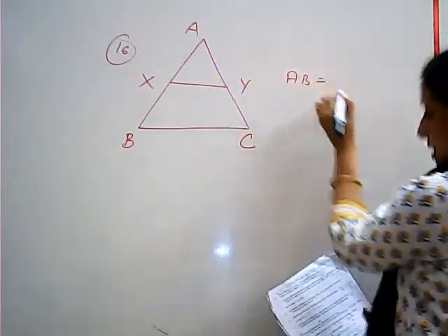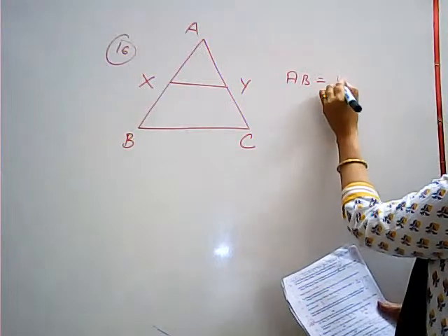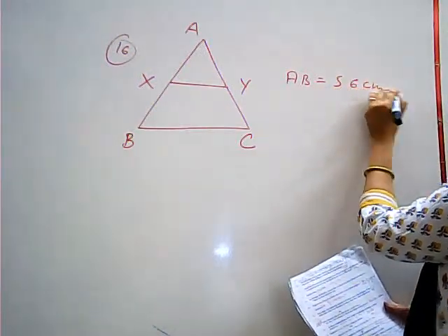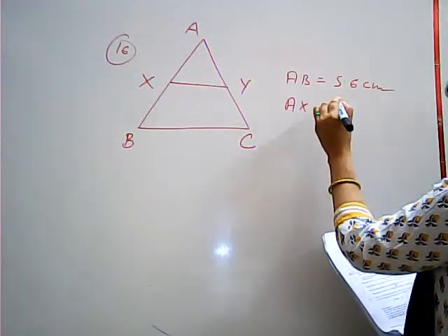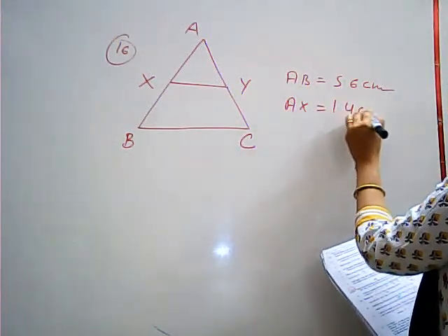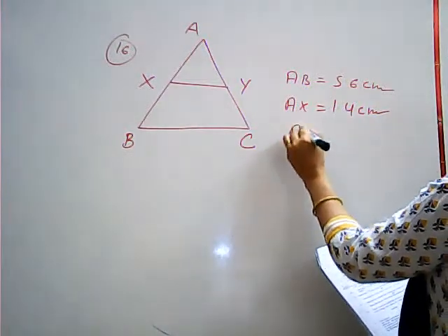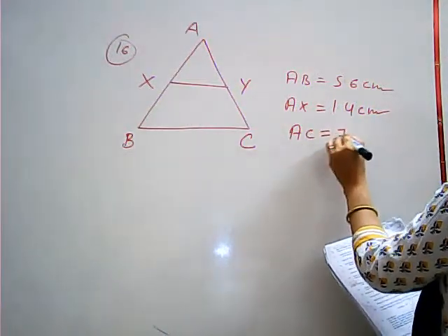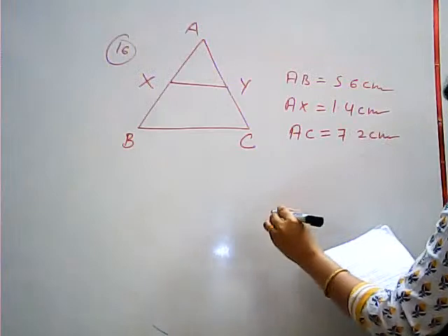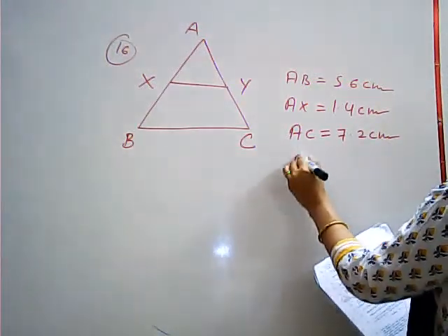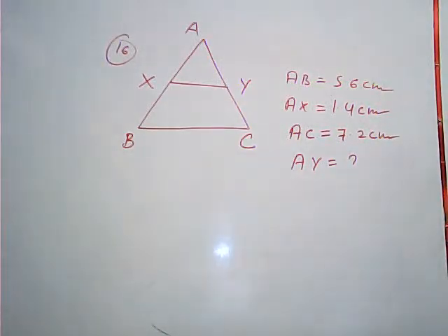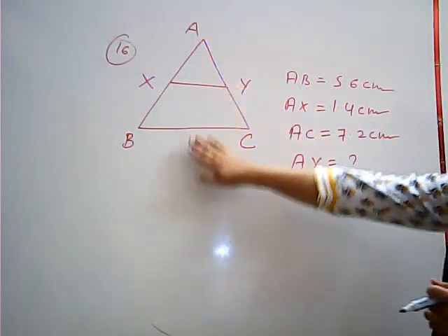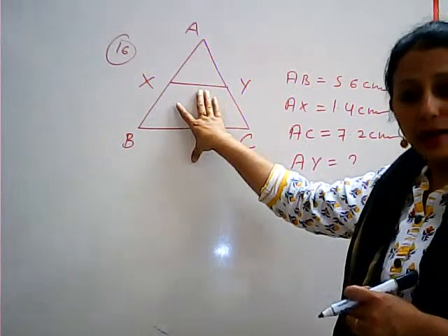AB is equal to 5.6 centimeter, AX is equal to 1.4 centimeter, AC is equal to 7.2 centimeter, and you need to find the value of AY. And the condition is given that XY and BC are two parallel lines.